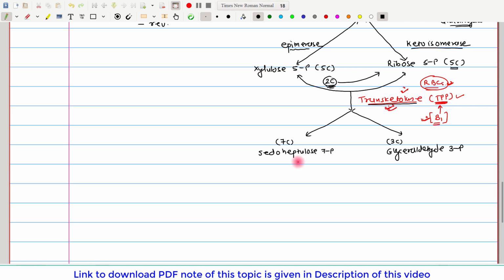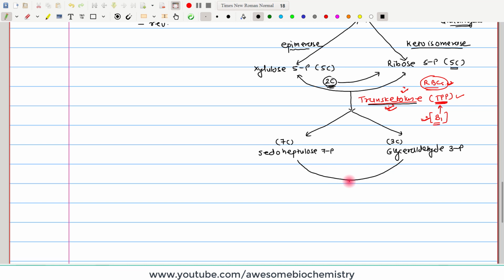In the next step, what happens? This pseudoheptulose 7-phosphate reacts with this glyceraldehyde 3-phosphate, and this reaction is catalyzed by the transaldolase enzyme. Remember, this transaldolase does not require thiamine pyrophosphate. Only the transketolase enzyme requires thiamine pyrophosphate.